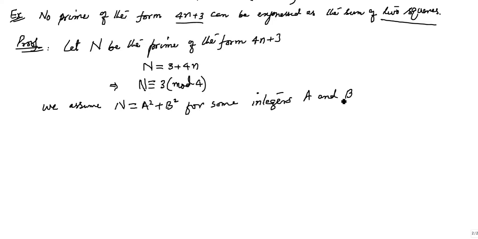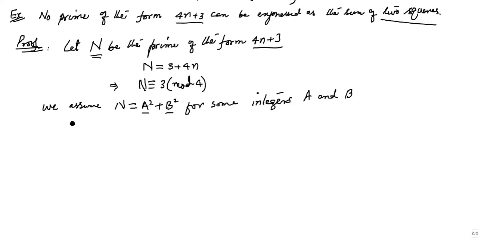Now 4n plus 3 is odd. So it means n is an odd prime. So if n is an odd prime and n is a sum of two numbers, a square and b square, then one of them, a square or b square, must be odd. One of them must be odd and the other must be even, so that the sum becomes odd.